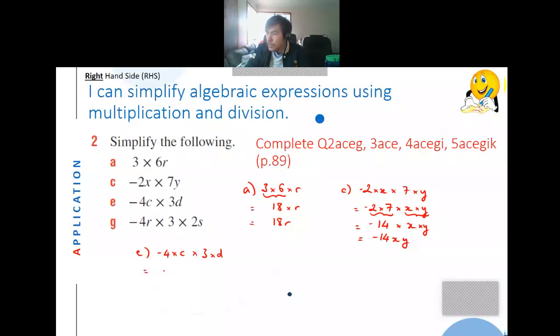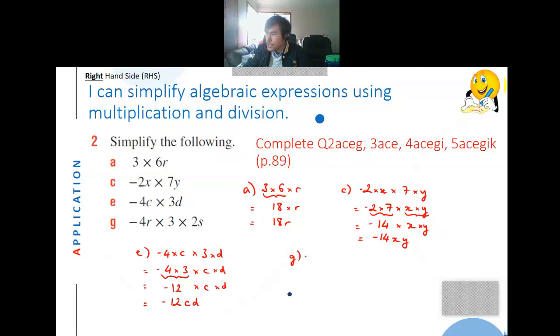Again, we are going to group the numbers together and the letters together. -4 times 3, negative times a positive is a negative. 4 times 3 is 12, so we get -12. Let's rewrite times c times d. Then we hide the multiplication sign, so we get -12cd.